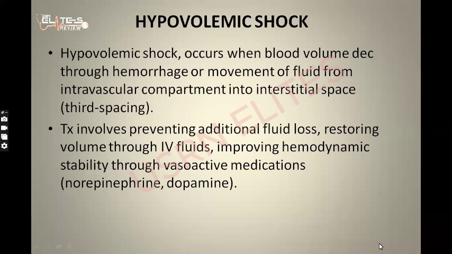Hypovolemic shock occurs when blood volume decreases through hemorrhage or movement of fluid from intravascular compartment into interstitial space, which is the third space. So we have various ways through which one can get hypovolemic shock.